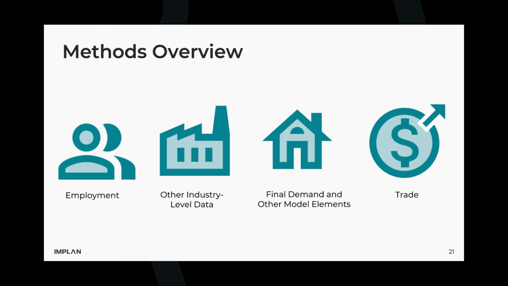This methodology ensures that the entire input-output structure is accurately regionalized by distributing that provincial level data to the respective economic regions. And like our US product, the data is geographically balanced such that the economic regions add up to the provinces and the provinces and territories add up to the national Canada values.